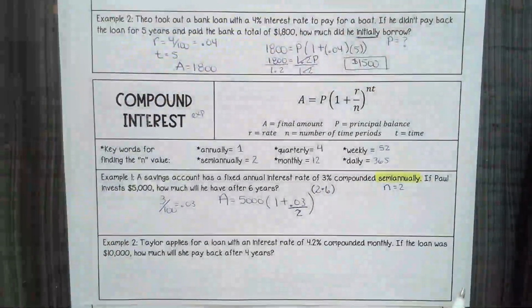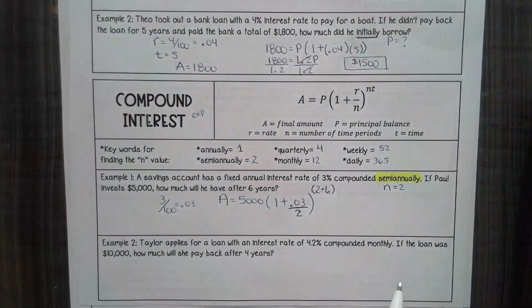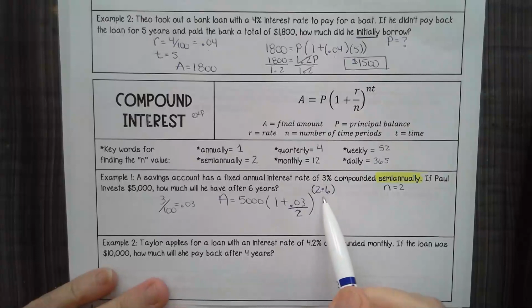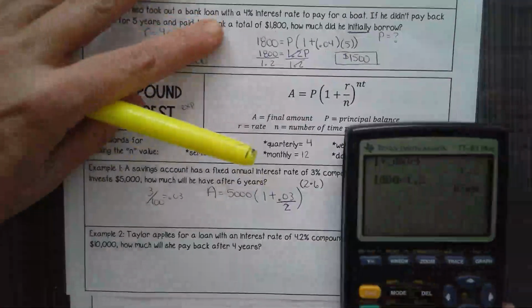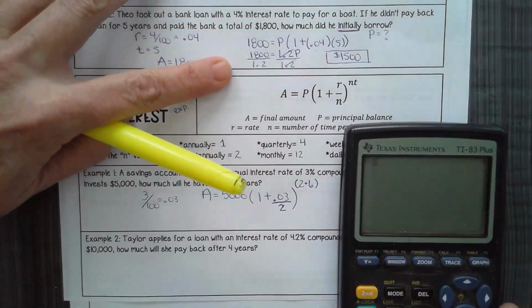All right. And to find out the final amount he would have in his savings account after 6 years, we're going to pop this in the calculator. If you already know this is a 12 and you're like, hey, I just want to put 12 in, that's fine. Otherwise, you've got to have that parenthesis there.